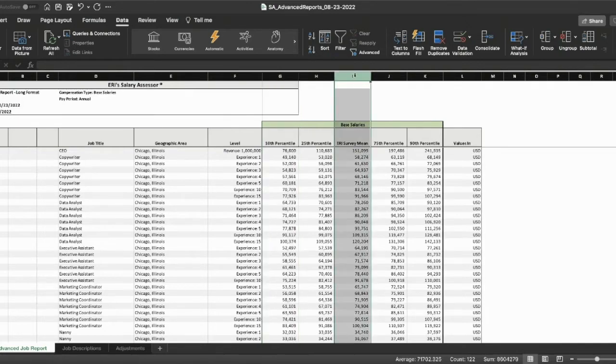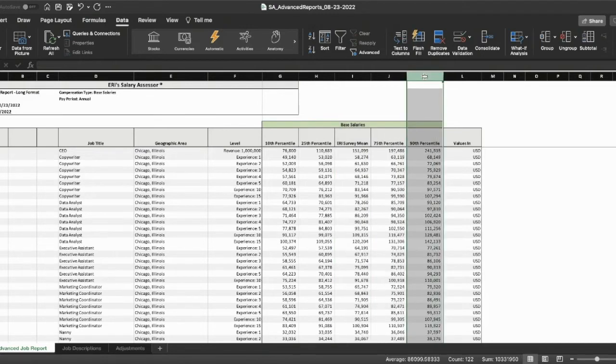If you want to have competitive pay, shooting for the 50th or the 75th percentile is where you want to be. If you want to be extremely competitive and you want to have very high pay rates, then you shoot for the 90th percentile.